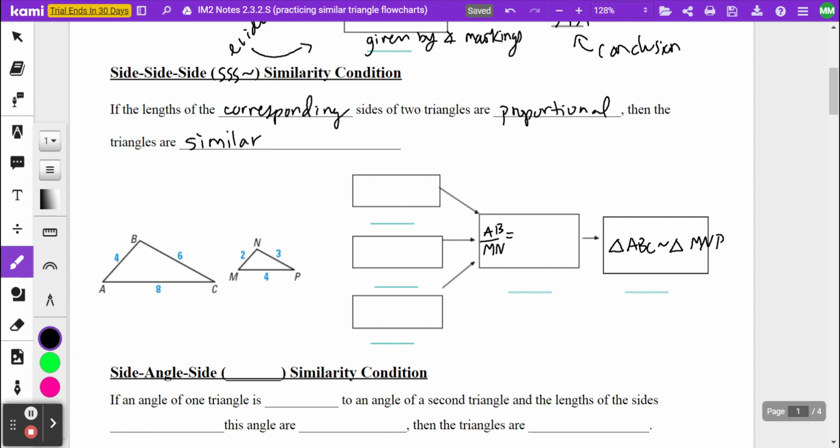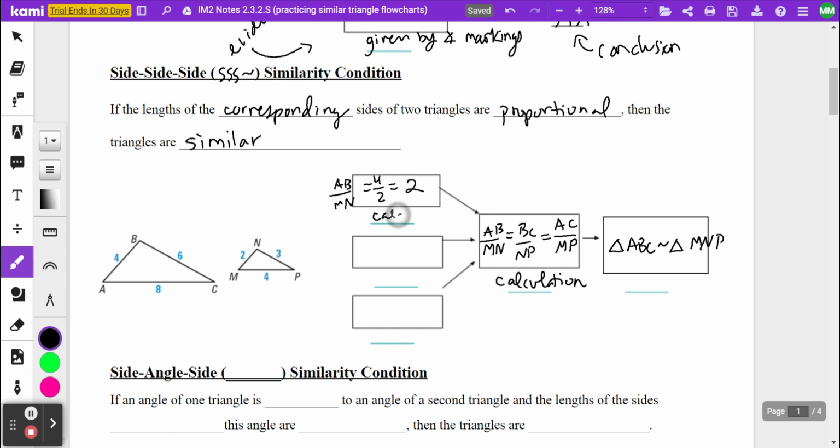So I should have written BC over NP equals AC over MP. And I'll get to that using calculation. Hopefully it's true. Is AB over MN, which is 4 over 2, which is 2, going to have the same result as all the others?